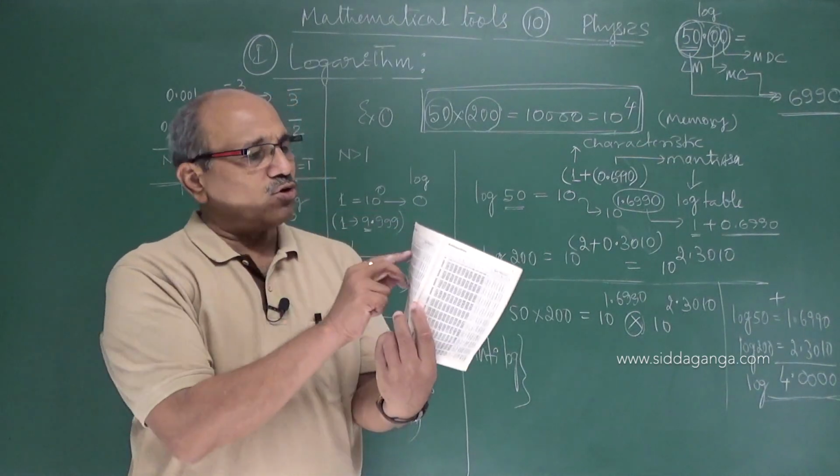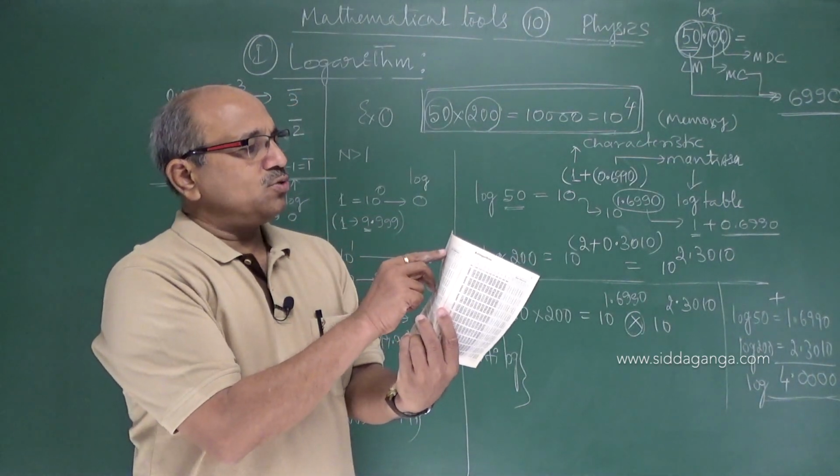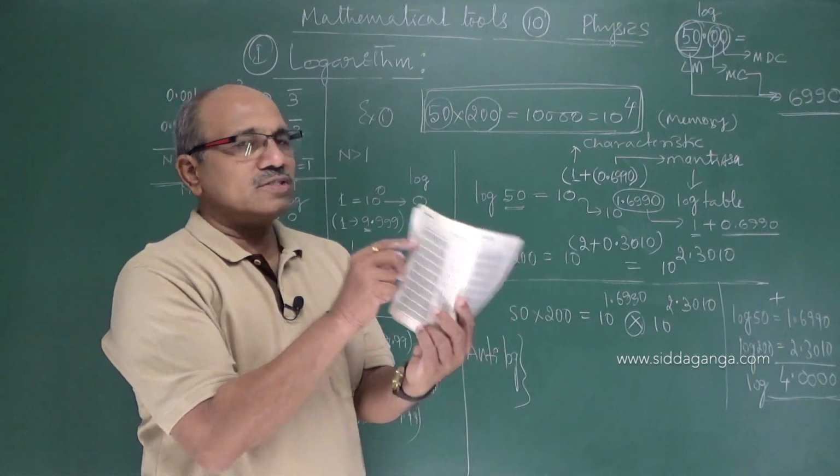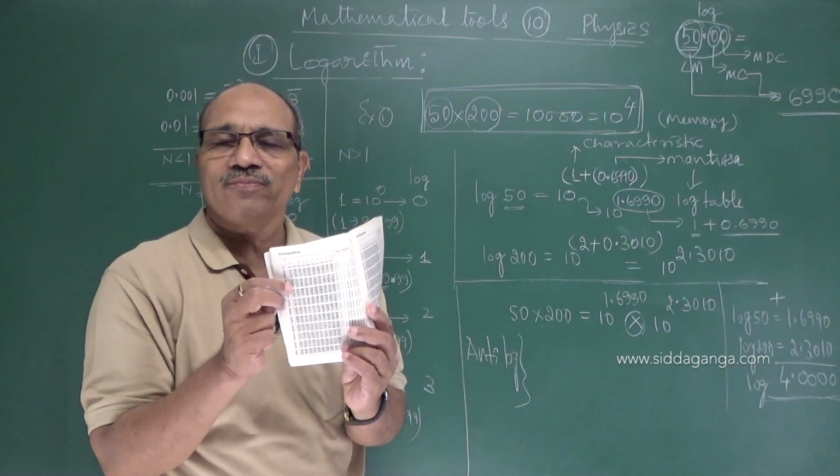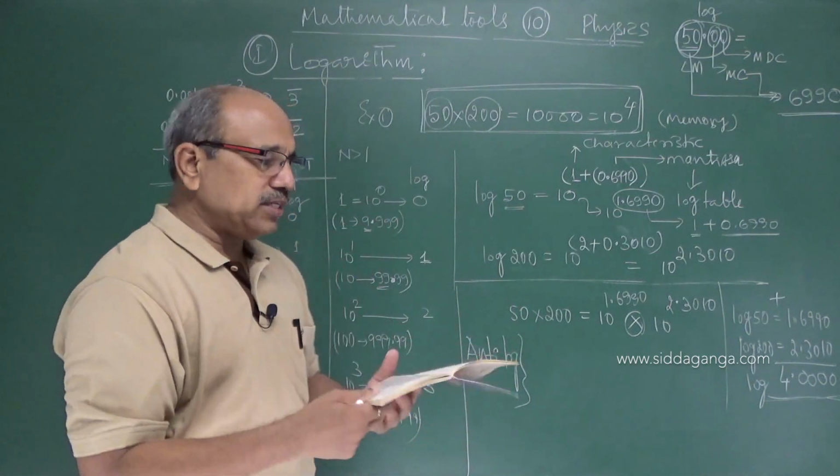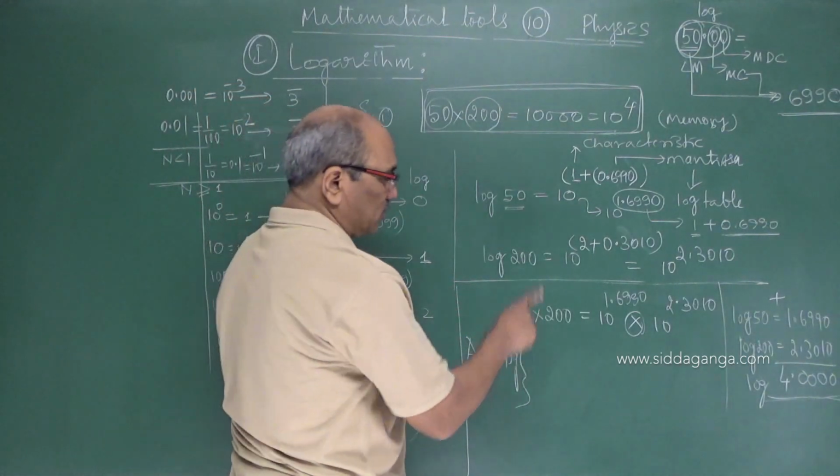For the 0, 0 column, for 0, 0, 0 you have 1, 0, 0, 0. So that means the anti-logarithm is the same.